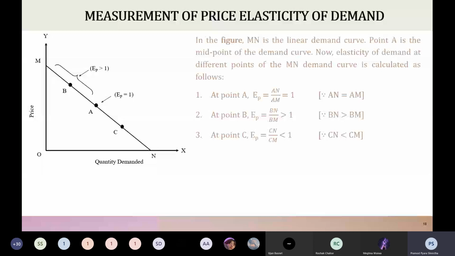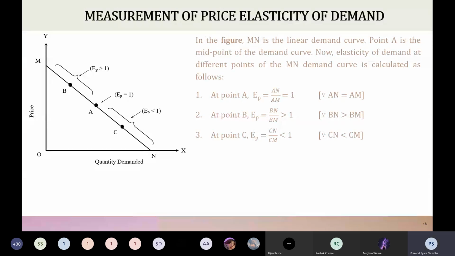And the fourth one is at point M. So at point M, what is the lower segment? Any one of you? What is the lower segment?